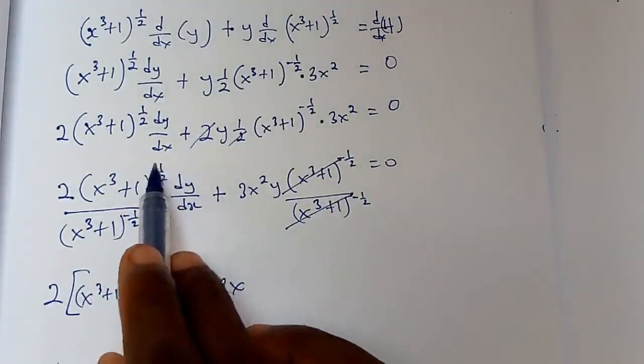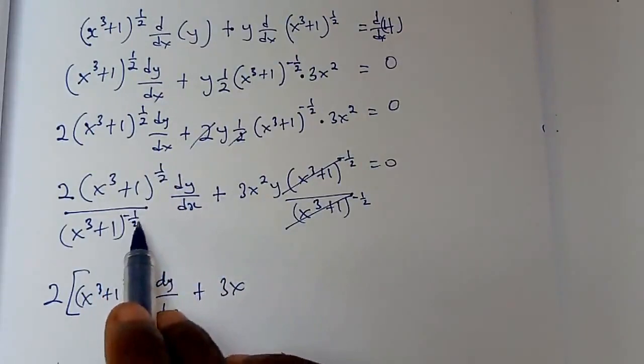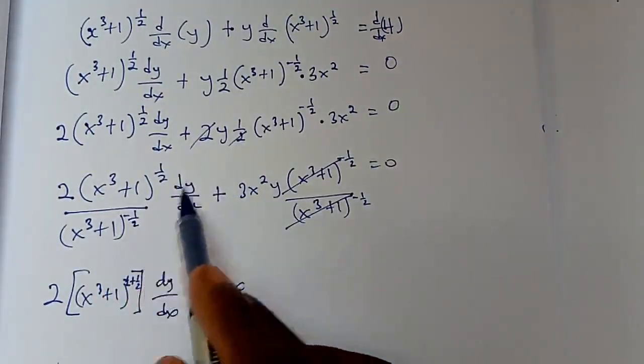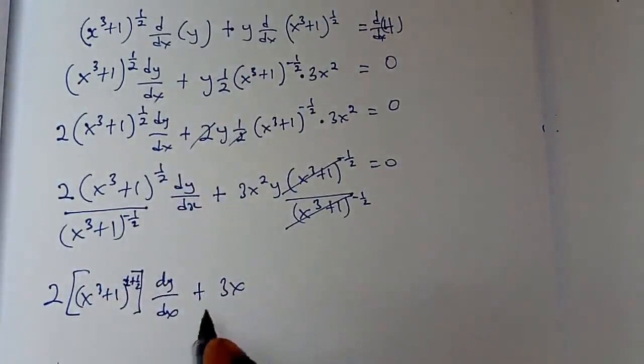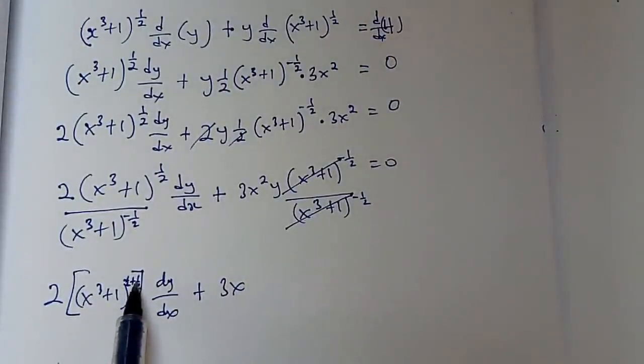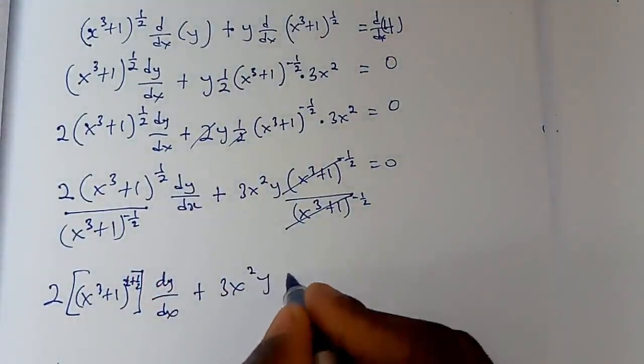So you're going to have half minus half, so half plus half will give us 1 here. So after expressing everything here, we just get 1 here as the exponent. So dividing, plus 3x squared y is equal to 0.